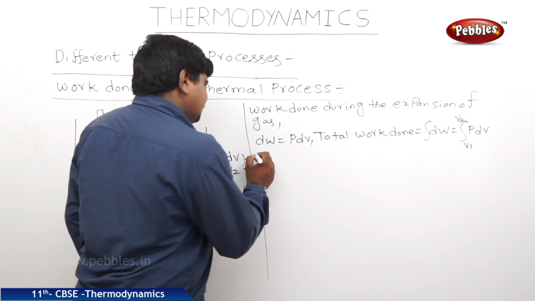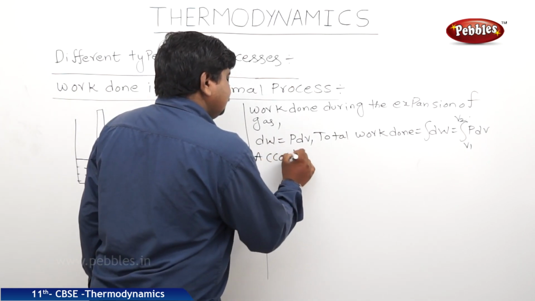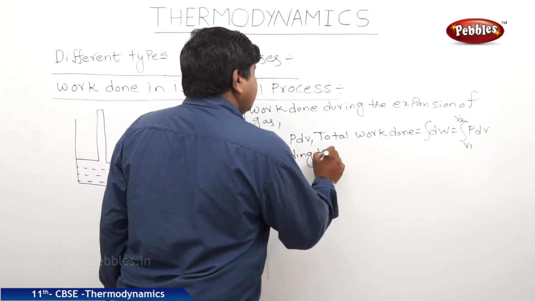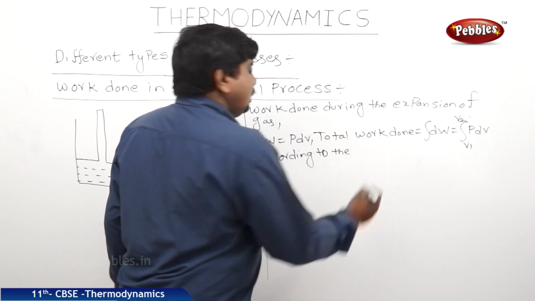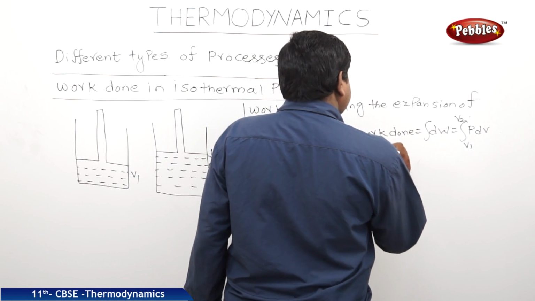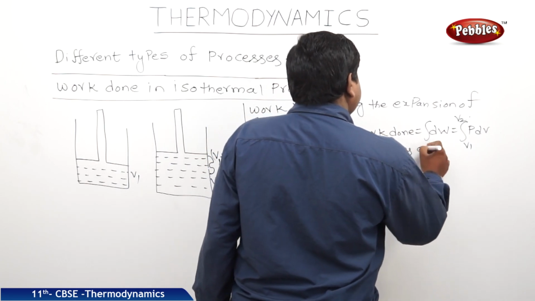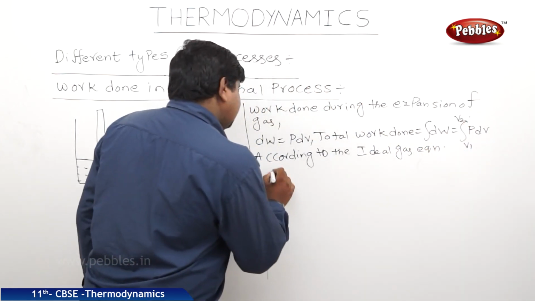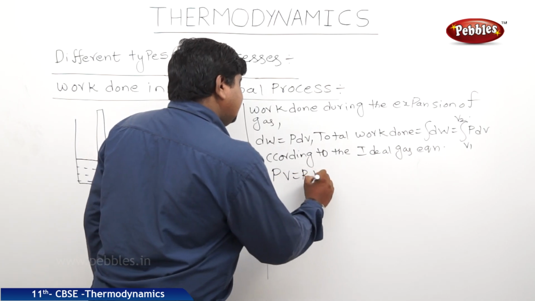In this case, according to the ideal gas equation, we can say that PV is equal to RT.